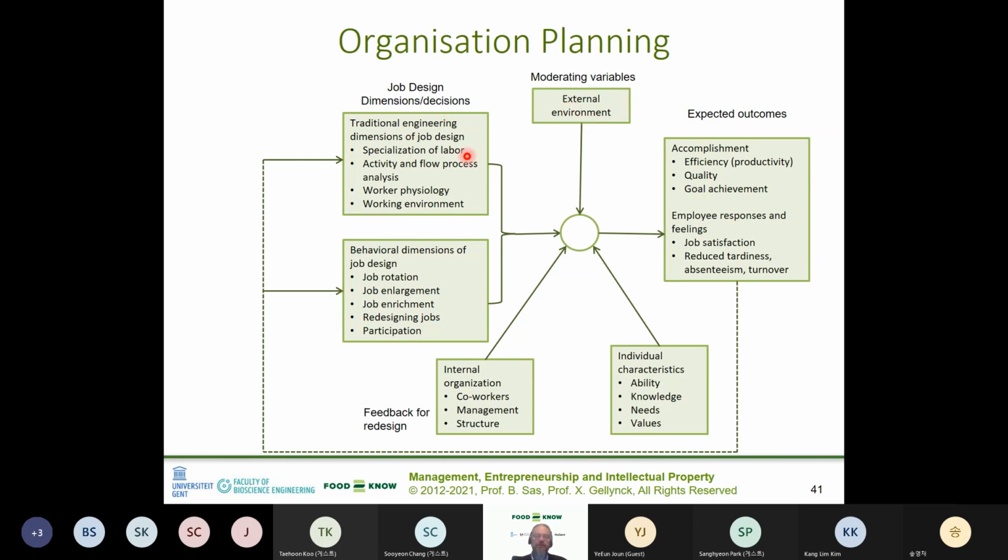Then job description, the level of specialization, the specific expertise, electricians, chemical technical personnel, and how many hours people can work.